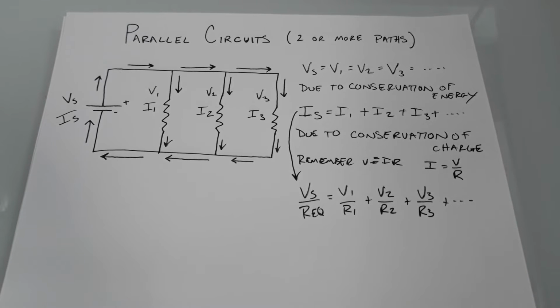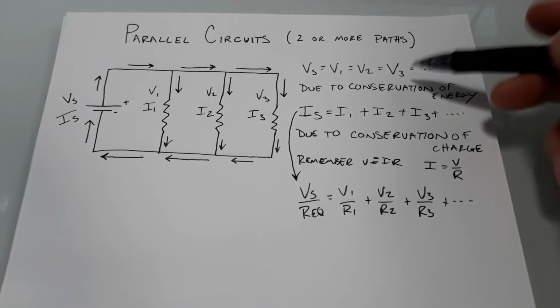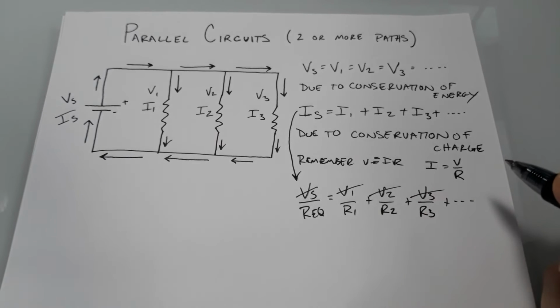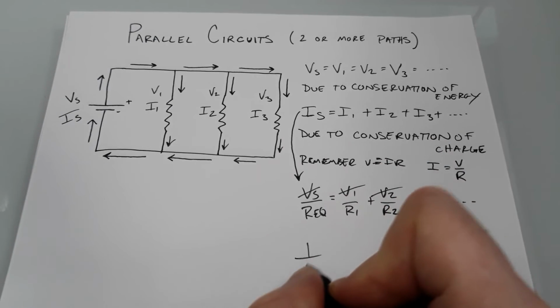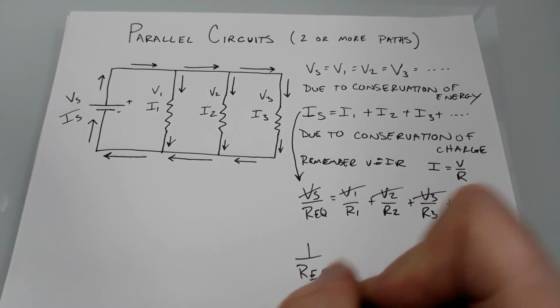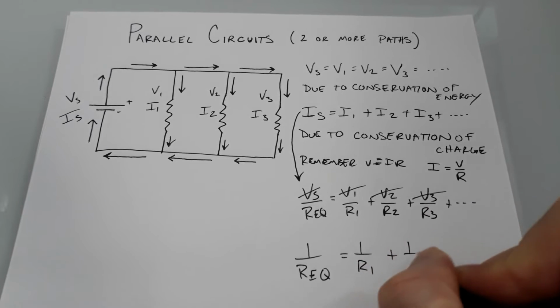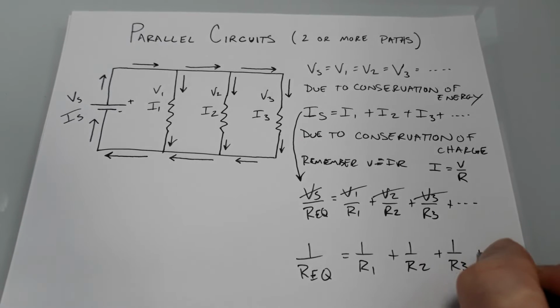Now, one thing really important to understand is that, as we just said, the voltages are all the same. So that means that we could divide by the voltage, no matter what it was, and it would disappear. And that is going to leave us with nothing but the resistances. But the rule is obviously a little bit more complicated than we saw last time, where all we needed to do was to add the resistors.